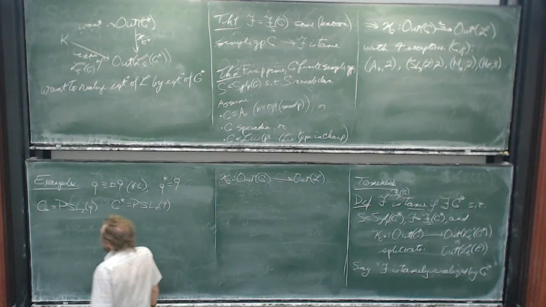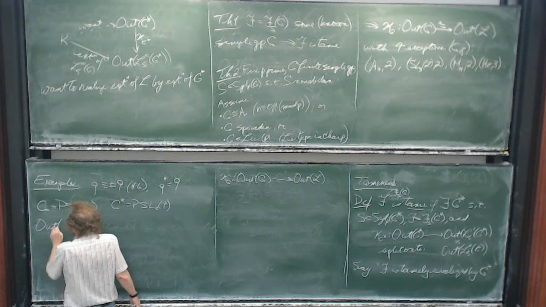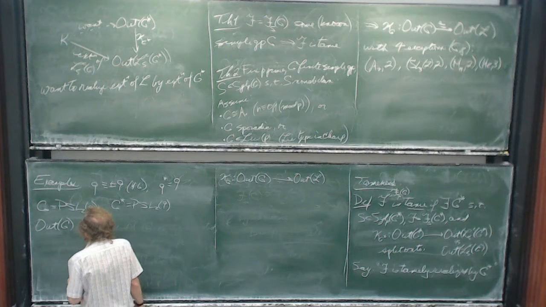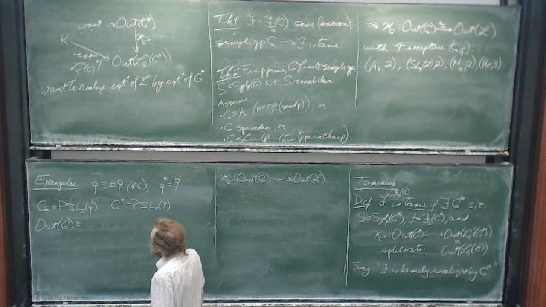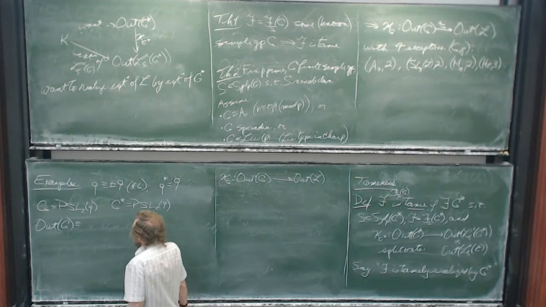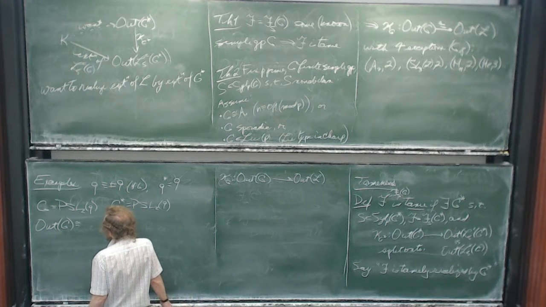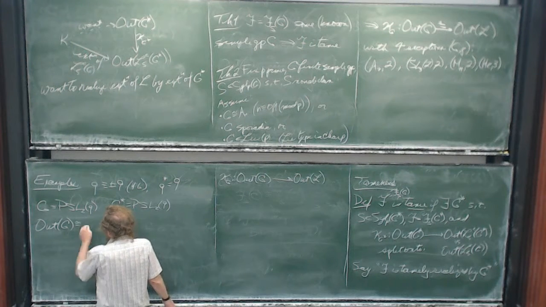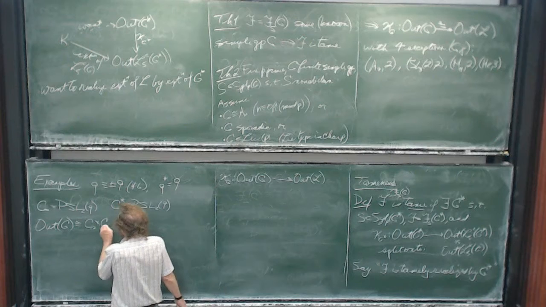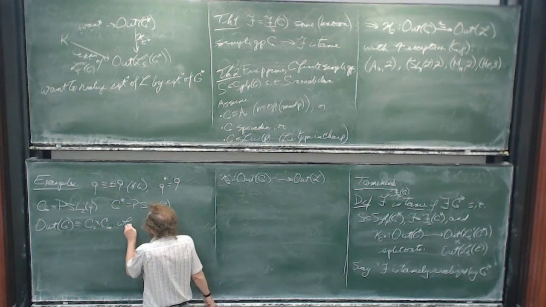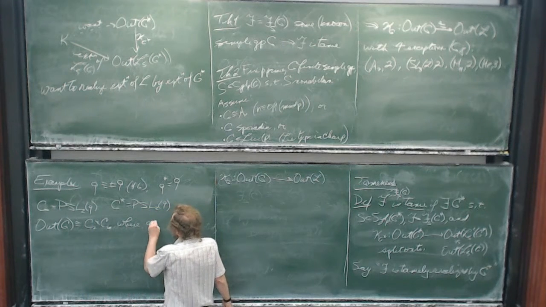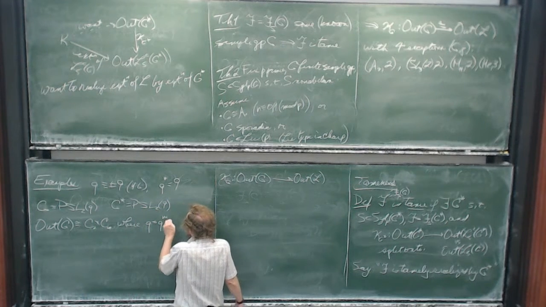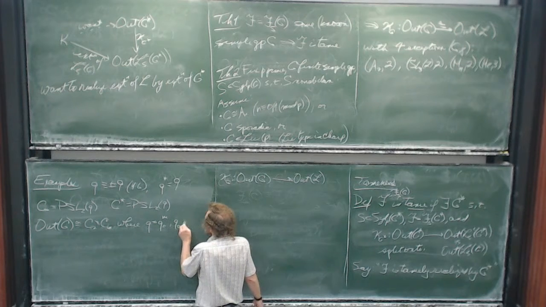And now we know the outer automorphism group of G is C2 cross C_m, where m is the largest power such that q naught to the m equals q, with q naught prime.